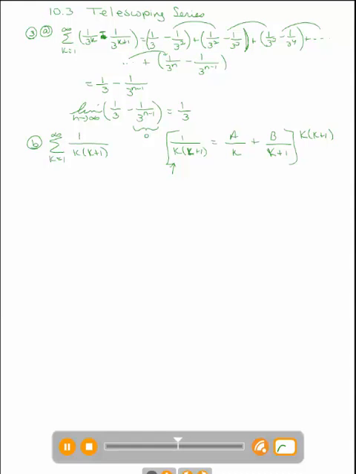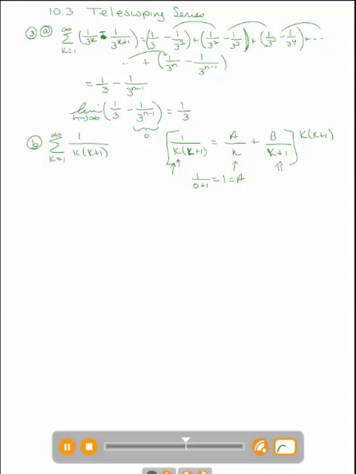I don't really want to do it that way. The easy way to do it: you look right here and say k can't be 0. So you go over to the left side of the equation, put your finger on that k, and plug 0 into the rest. You end up with 1 over 0 plus 1, which is 1. So that's what A is.